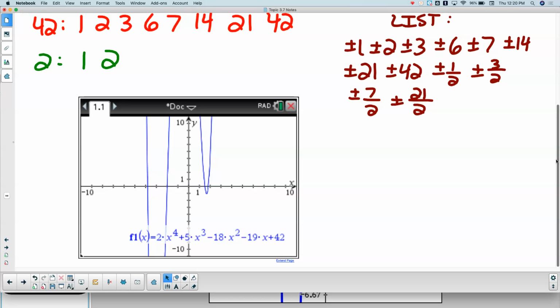Because zeros are where it crosses the x-axis. So there's 4 of them. There's 1 there, there's 1 there, there's 1 there, and there's 1 there. Okay? So what number from our list should we try?